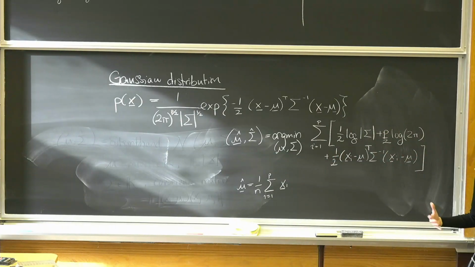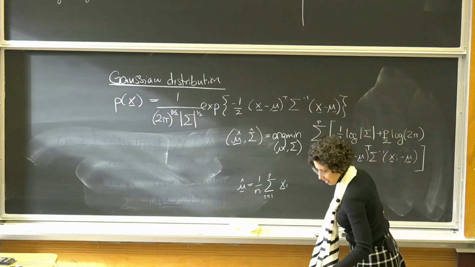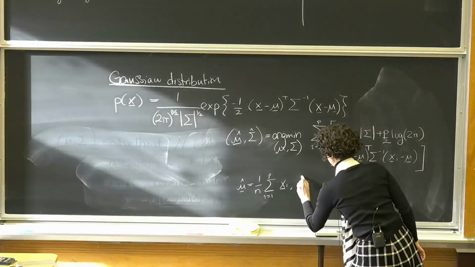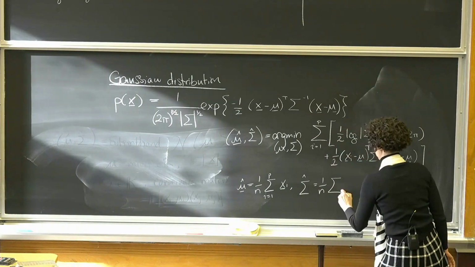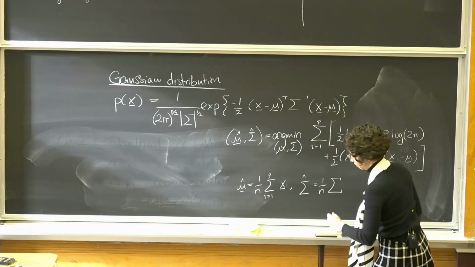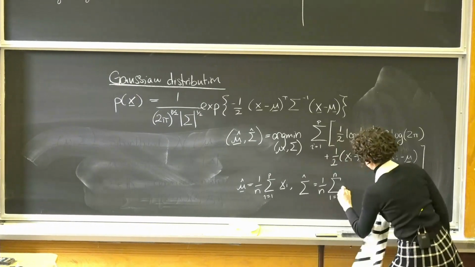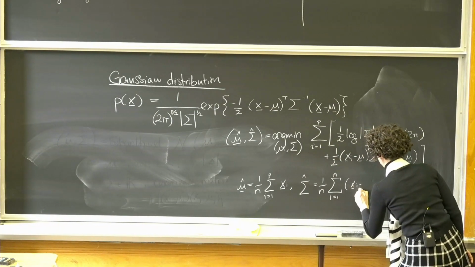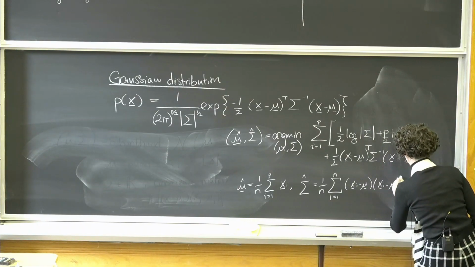So we just compute the average of all the data we have, and that's our maximum likelihood estimate of the mean of the Gaussian distribution. And sigma hat is going to be 1 over n times the sum from i equals 1 to n of xi minus mu times xi minus mu transpose.